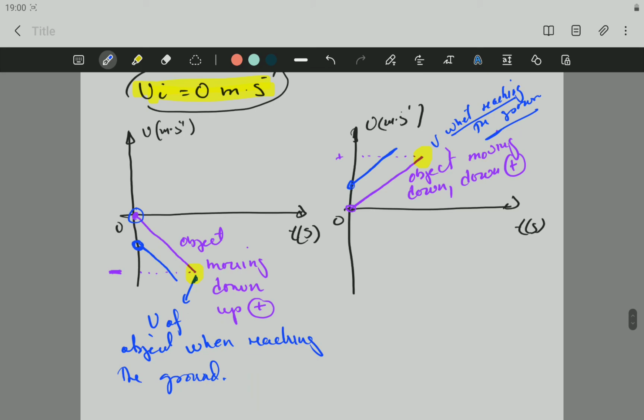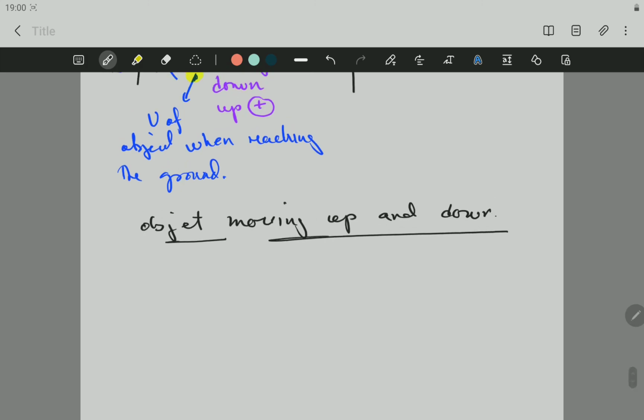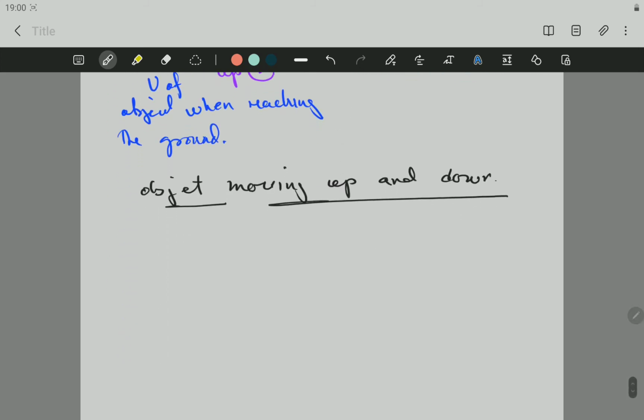Now let's take a scenario where the object is moving up and down at the same time. We are going to take the same situation here. The object is being thrown up and then eventually will fall back down.